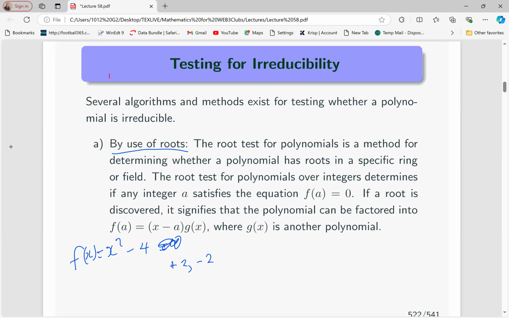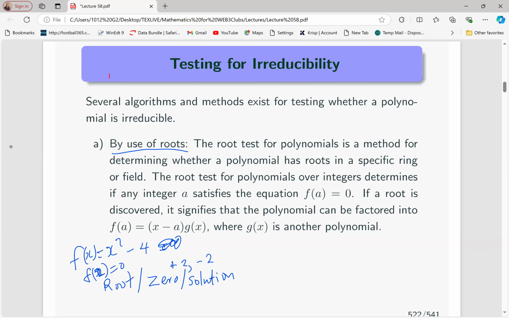What do I mean by root? The word root, sometimes the word zero, we use them interchangeably. You can use the word root or zero or even solution. So what I mean by root is that value which, when you replace it into f of x, f of that value becomes 0.